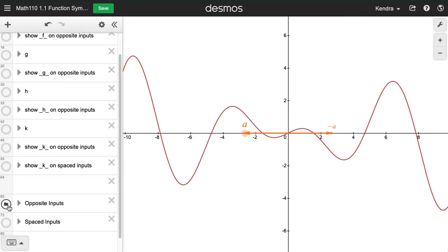One of them is opposite inputs, and the other is spaced inputs. Here is an input and then an input plus a fixed distance away from it. That's the spaced inputs, and the opposite inputs are: here is one input, A, and then its opposite, negative A.